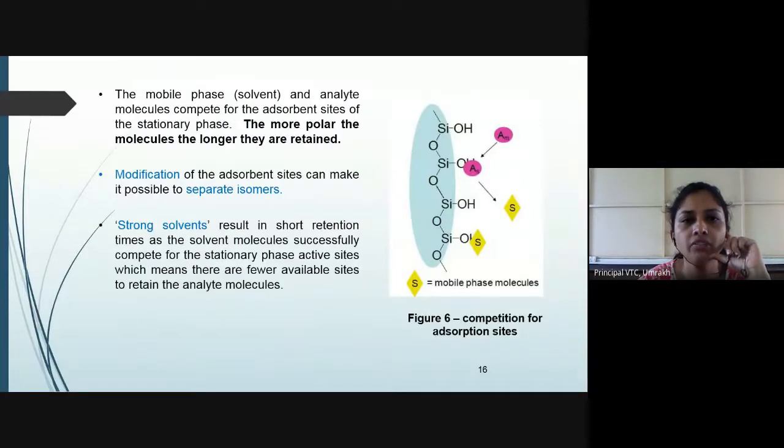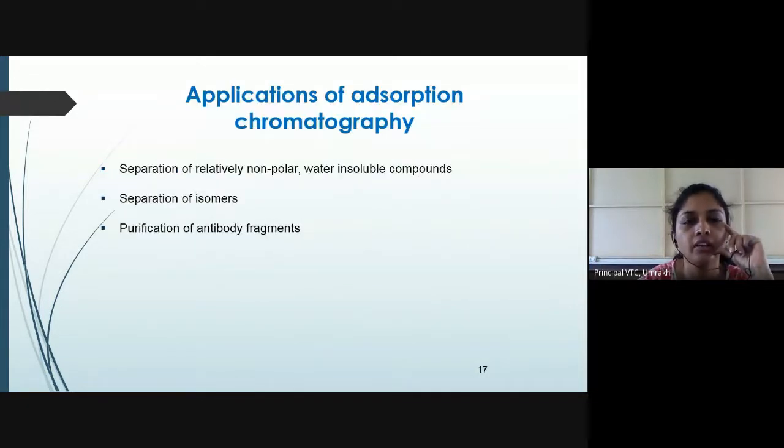For elution, we use a mobile phase having more affinity towards the stationary phase compared to the analytes. If the mobile phase is a strong solvent, the retention time will be shorter. Mobile phase components compete with the analyte molecules for attachment to the stationary phase. Then we saw different applications of adsorption chromatography.